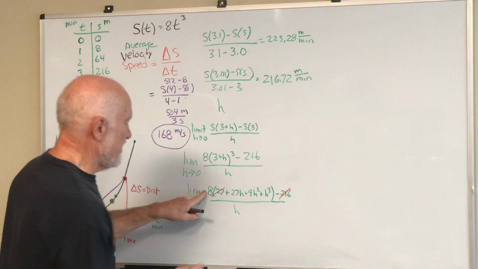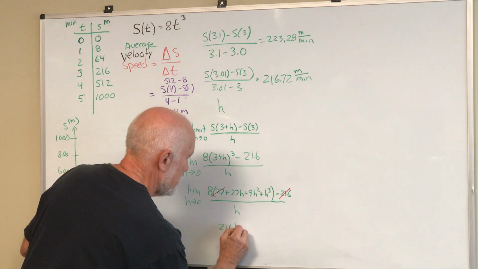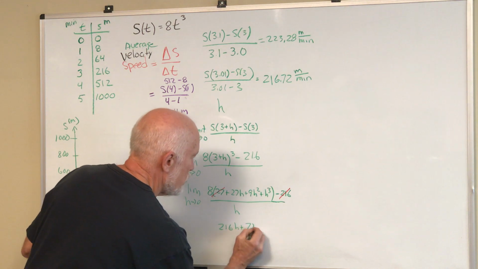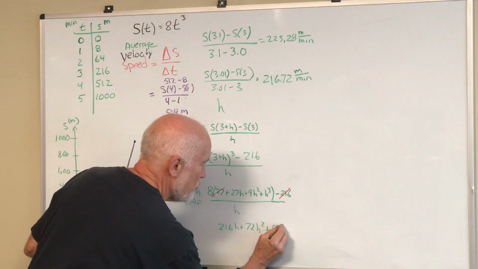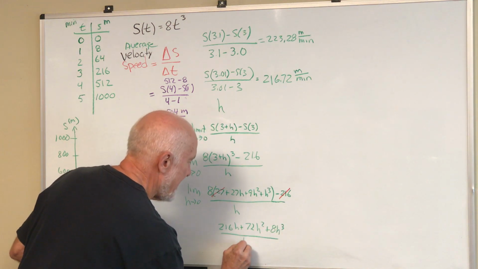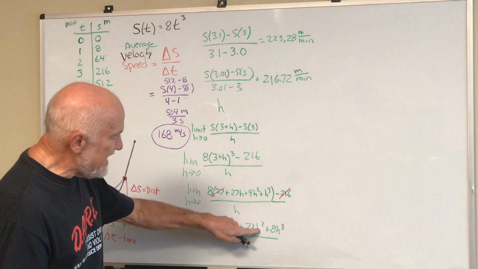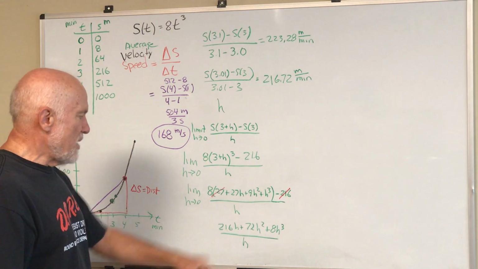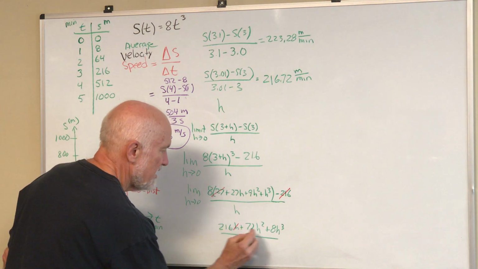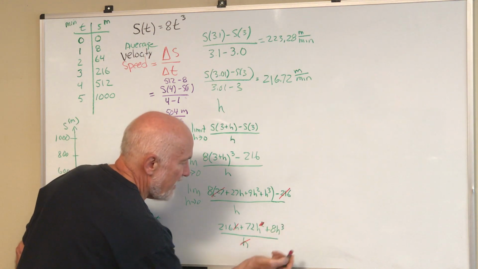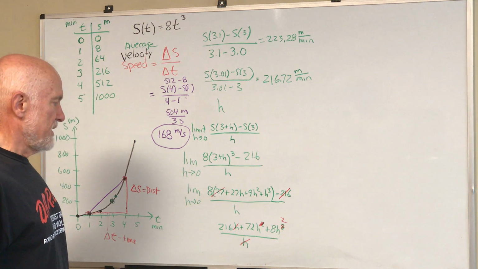And what are we left with? 216 times h plus 72 h squared plus 8 h cubed, divided by h. And we realize that there's a factor of h in every term up here. So we can factor out an h and cancel.